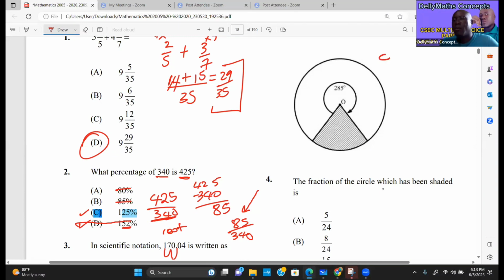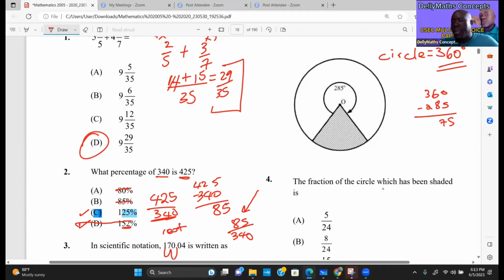We know that when we think of the circle and the total degree, it's 360 degrees. Now, we are talking about the shaded part, so take that 285 from the 360. You're getting 75.